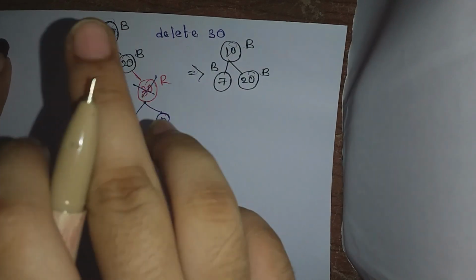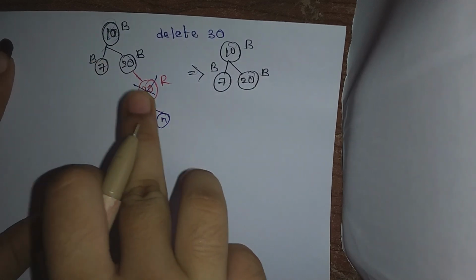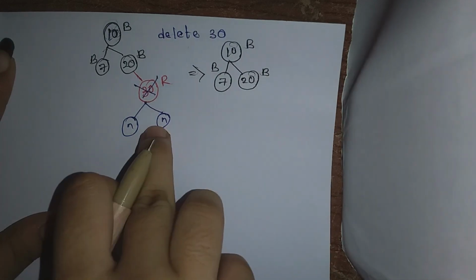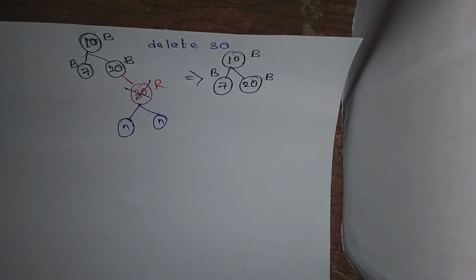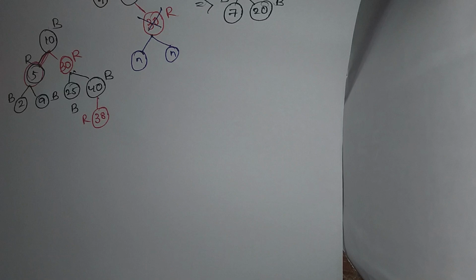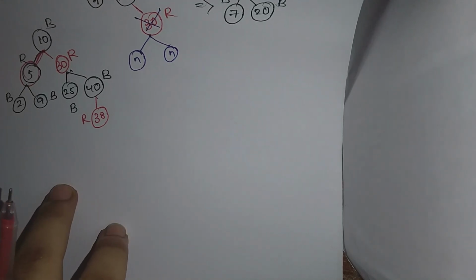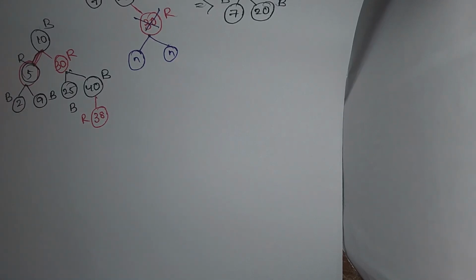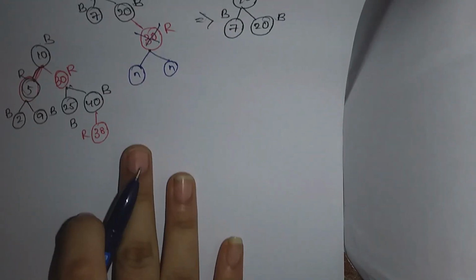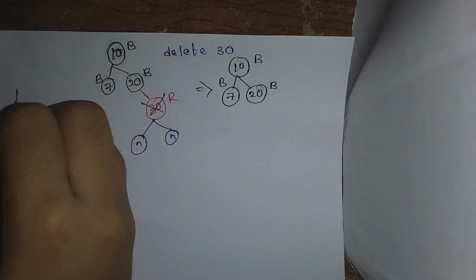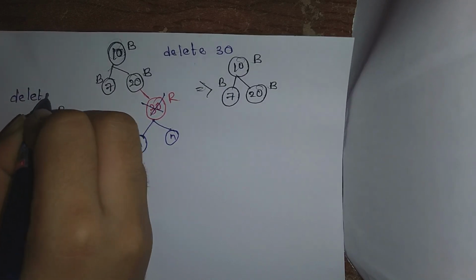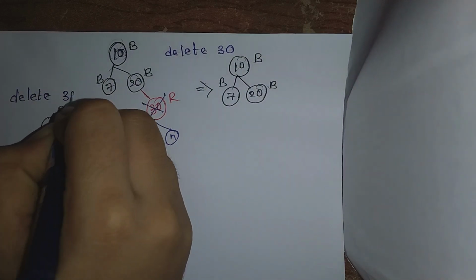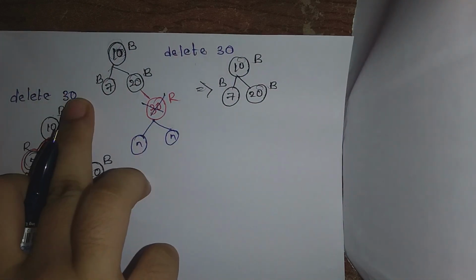It has nil children, so we just delete it directly without any conditions. Now consider an example like this. If we want to delete 30, first we need to check for the 30.